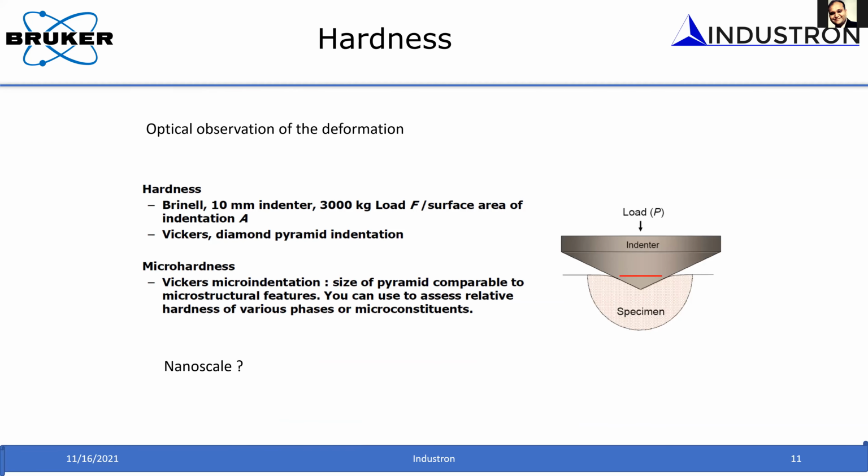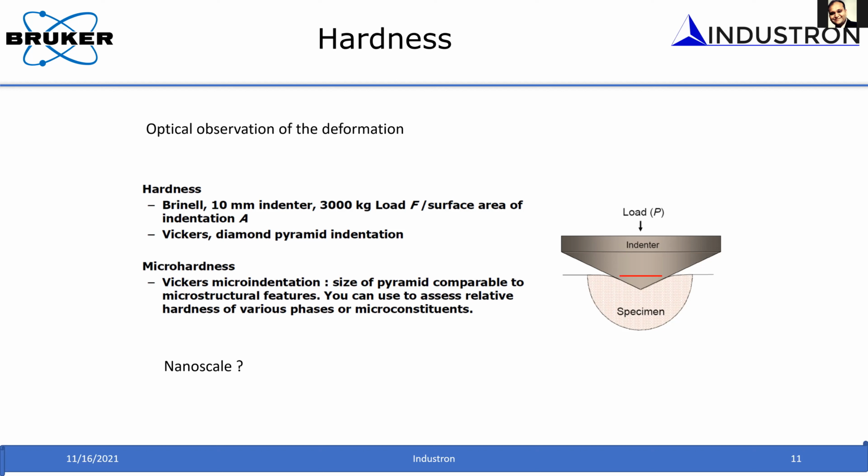So most of this requires some kind of a measurement in terms of a strain, which is basically either depth or the size of the contact. And the best you can do if you measure with an optical microscope is limited by the optical resolution. So there is a length scale limitation imposed because of the resolution of the optical microscope.